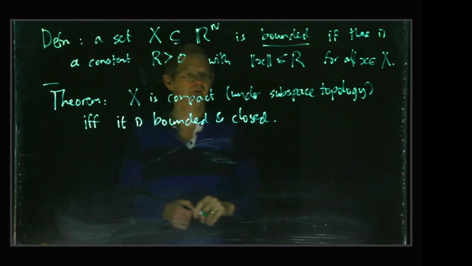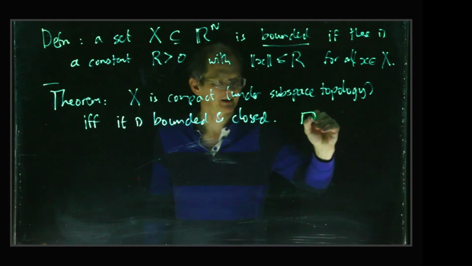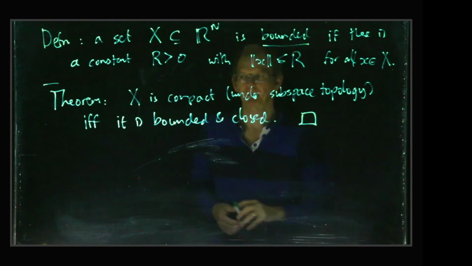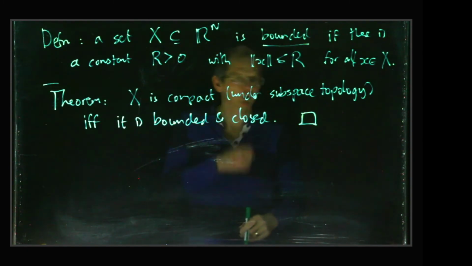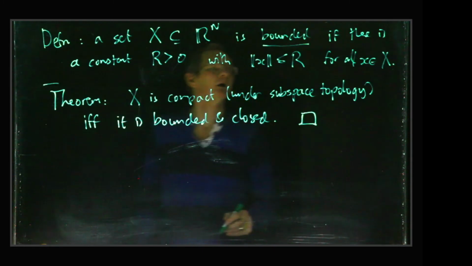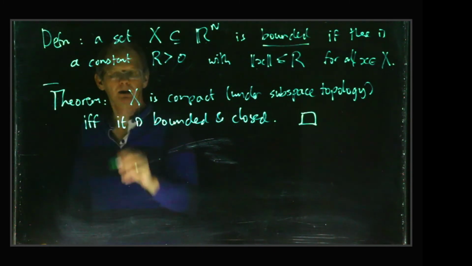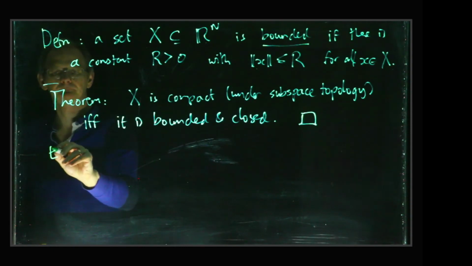Okay, so I'm not going to give the proof of that here, because there's a proof in the metric space course, or just about any book on metric spaces that you might look at. Okay, so let's have some examples of that.